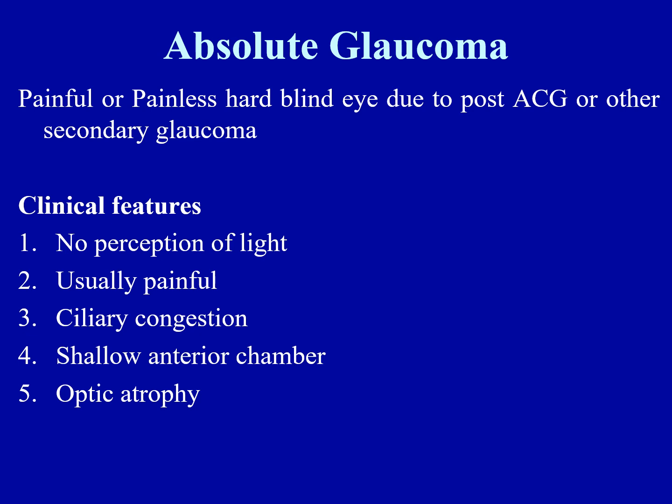But other secondary glaucomas may lead ultimately to absolute glaucoma if not treated properly. So the clinical features of absolute glaucoma are: there is no perception of light, the eye is blind, the cornea may be clear or having edema, the eye is usually painful, ciliary congestion is there, anterior chamber is shallow, and optic atrophy is there.